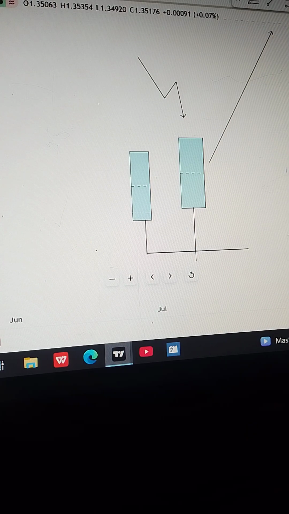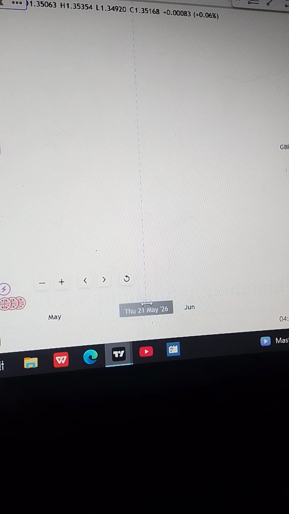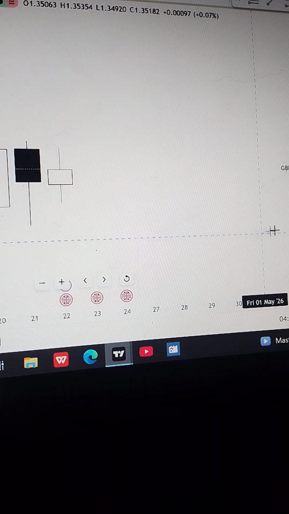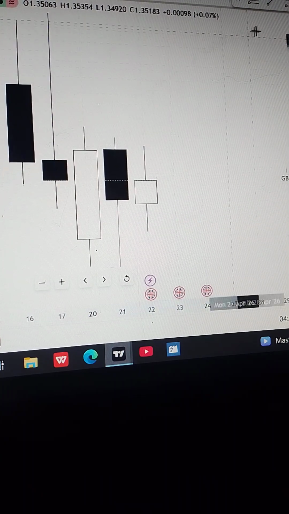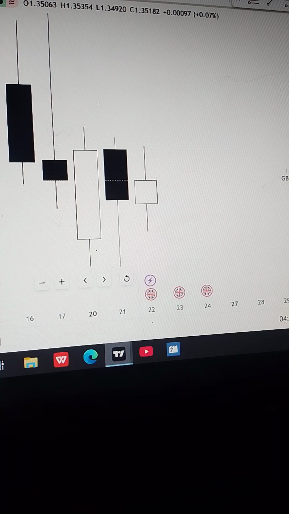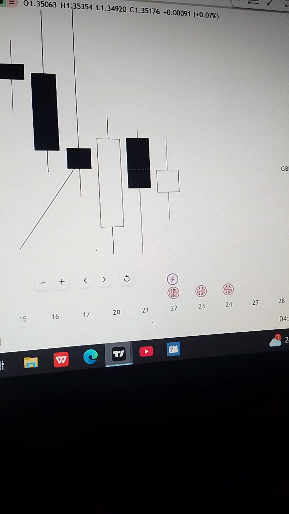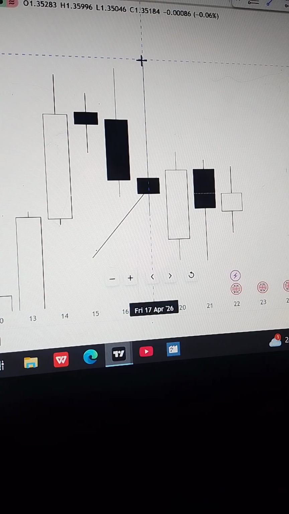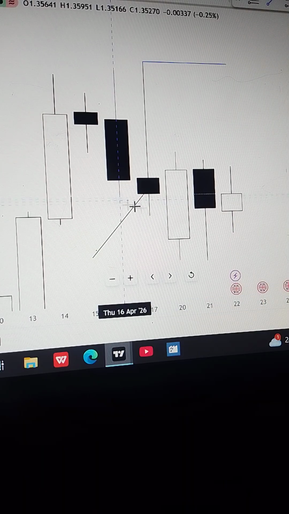So let's look at another example, a live example now. We have this candlestick, which was formed on Friday. You mark the high and the low of it.